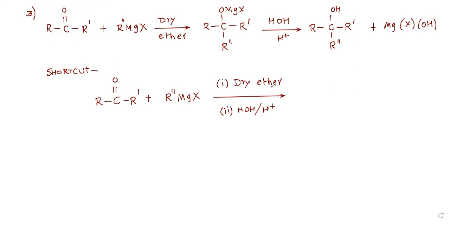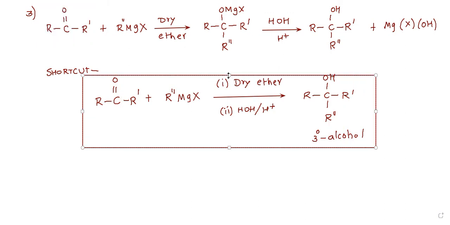Not like in JEE advanced and all, you have like 7 or 8 steps together. So final will be R dash OH, and if you observe, this is a tertiary alcohol. Those who want to take a screenshot of this can take it.